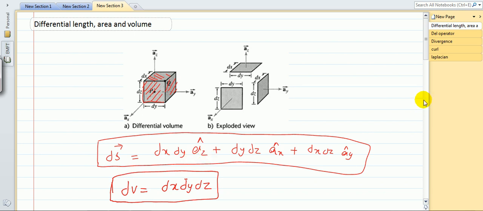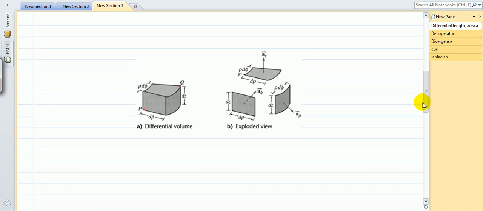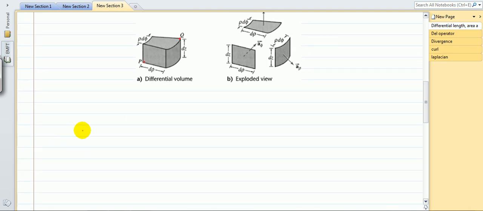Now for the cylindrical coordinate system, if I want to find the differential surface vector, you can see here, if I consider this area, it will be dz d rho in the direction of a phi cap, so dz d rho a phi cap.